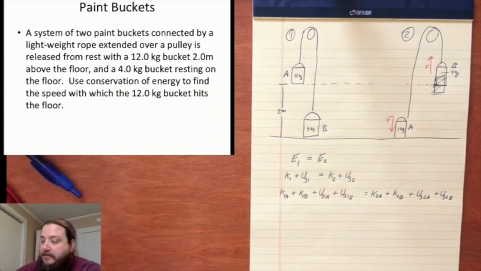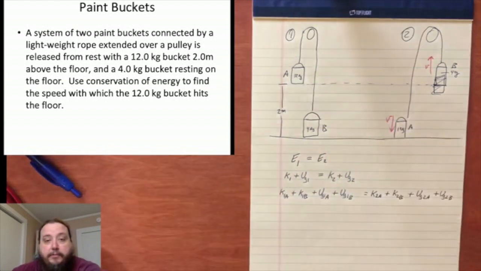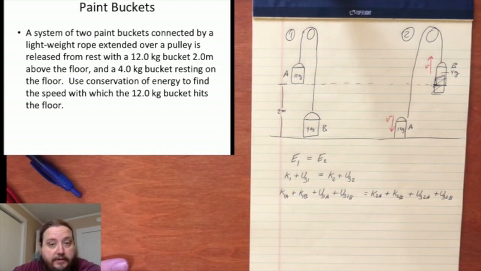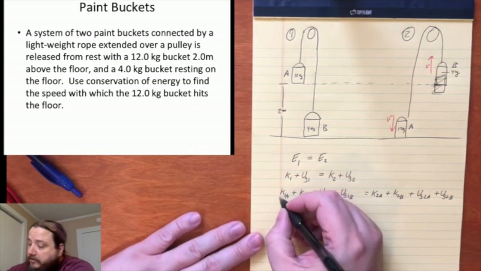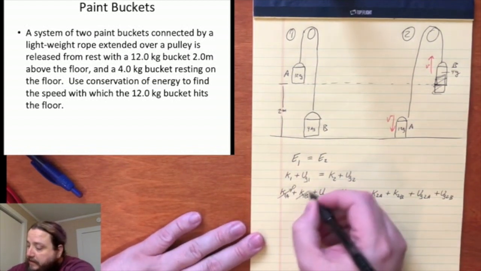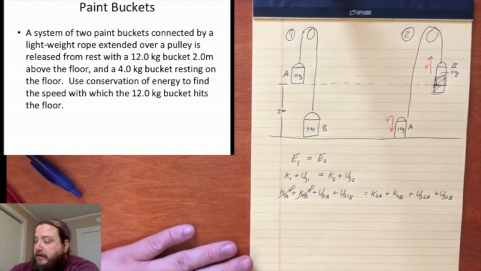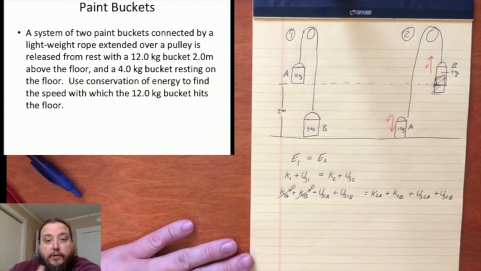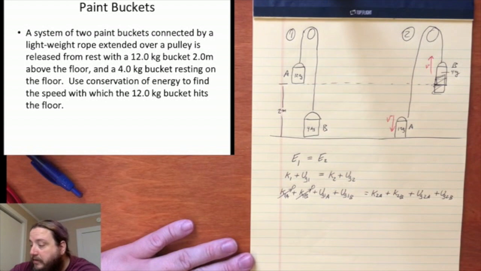So for instance, at moment 1, neither bucket is moving. Therefore, neither bucket has any kinetic energy, and we can just set the kinetic energy of bucket A and bucket B at moment 1 to 0. Okay.